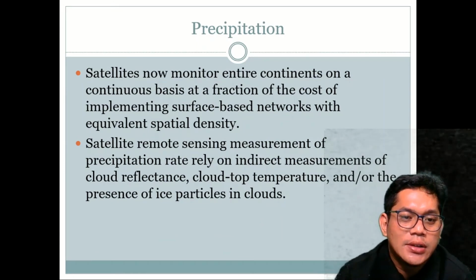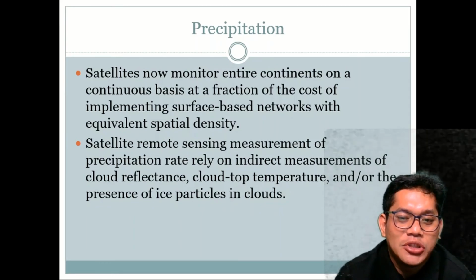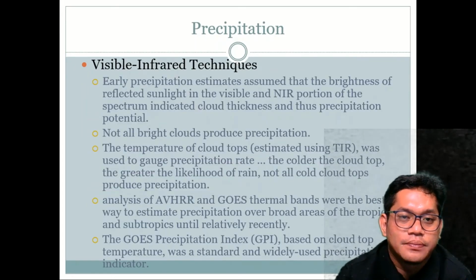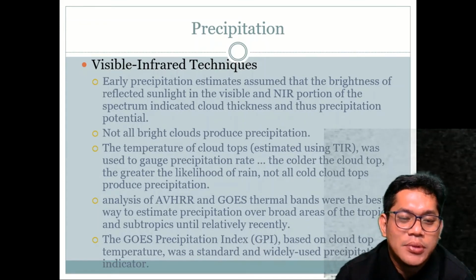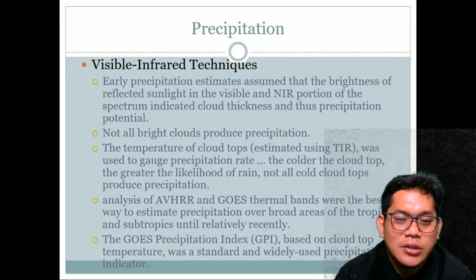Satellite remote sensing measurements of precipitation rely on indirect measurements of the cloud reflectance, cloud top temperature, and the presence of ice particles in the cloud. They use visible and infrared techniques: the visible and the infrared indicate the cloud thickness, and the temperature of the cloud tops using the thermal infrared is used to estimate the precipitation rate.